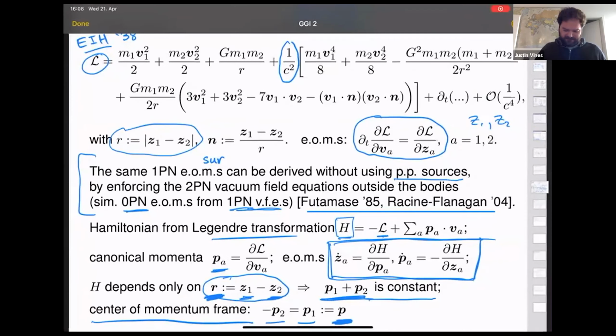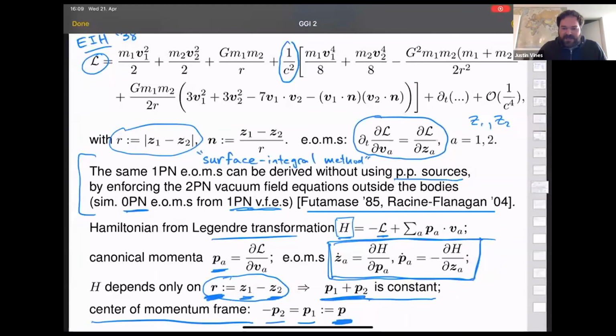So this is called the surface integral method, because essentially that's how it works.